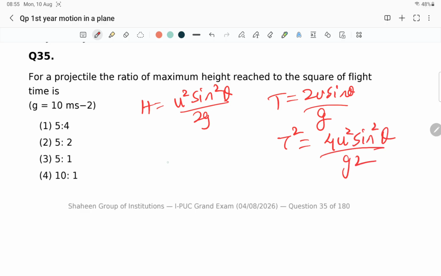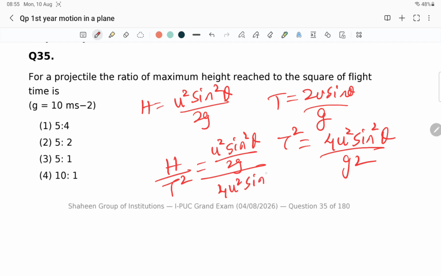Okay, so h is to t square, we need to do h divided by t square. When you do u square sine square theta by 2g divided by 4u square sine square theta by g square, sine square and u square cancel, and then how much will you get?